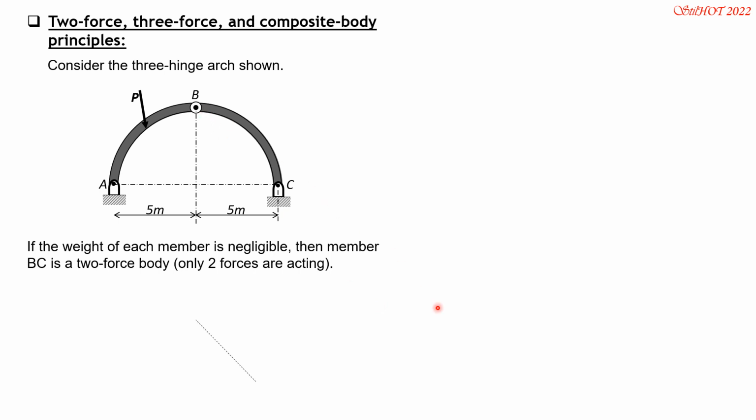So if this is segment BC, the reaction at C and the reaction at B must be oppositely directed because this member is in equilibrium, then this is a two-force body. So we have R sub B and R sub C. This is the principle on two-force body, and they are equal for this system to be in equilibrium.